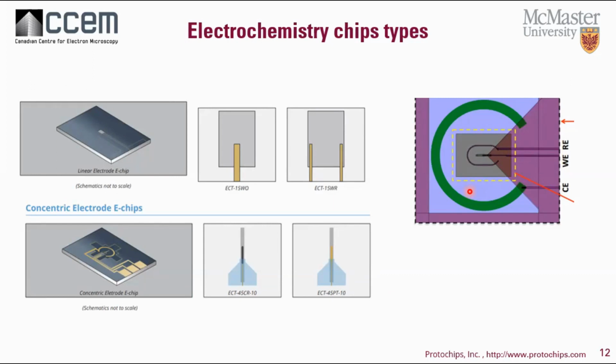The e-chip design minimizes the electrode area which is exposed to the liquid. All chips have 3 electrodes: the working electrode, the reference electrode, and the counter electrode. The working electrode, typically carbon or platinum, is always located over the membrane window in the large chip, so it's always in the field of view of the microscope.